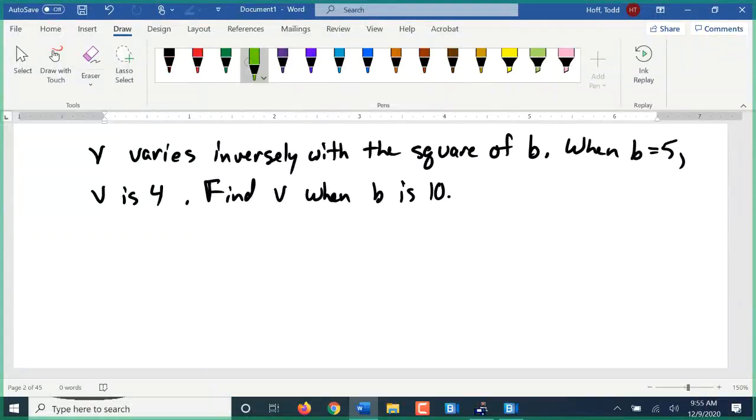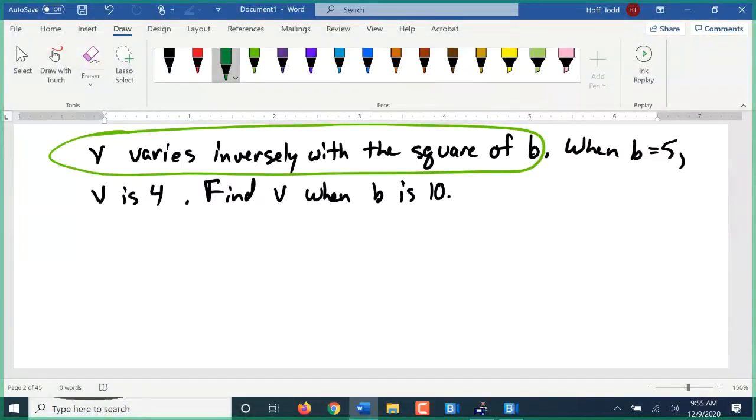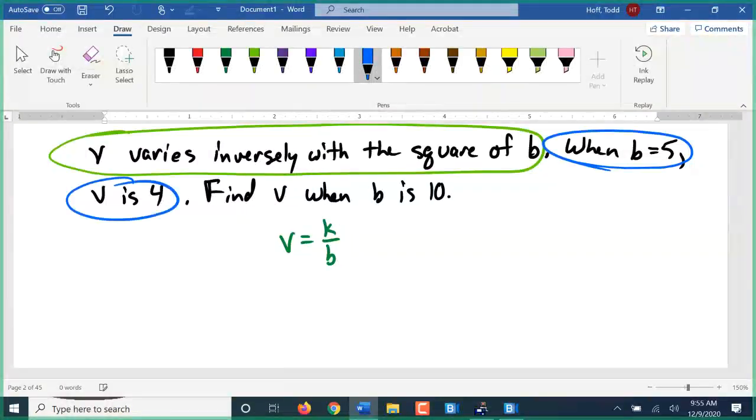So again, we start off with a relationship. V varies inversely with the square of B. So that's saying V equals K over B. We have this known condition. B equals 5, V equals 4.